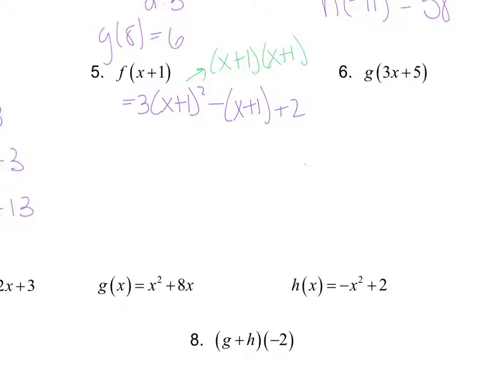So we need to multiply that out first. Order of operations, exponents come first. So this gives me x squared plus 2x plus 1. And then distribute the negative through to everything on the inside of the parentheses. Now you can go ahead and distribute the 3 to the x plus 1 that you expanded.